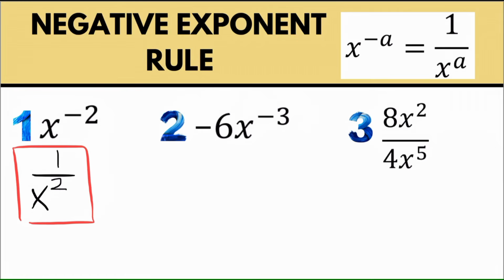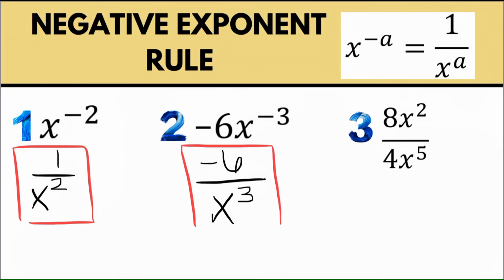If there were parentheses around the negative 6x, then I would put the entire thing in the denominator of my fraction. So let's rewrite this. This is equivalent to negative 6 divided by x to the third. Again, your negative exponent becomes positive. So this is my answer.